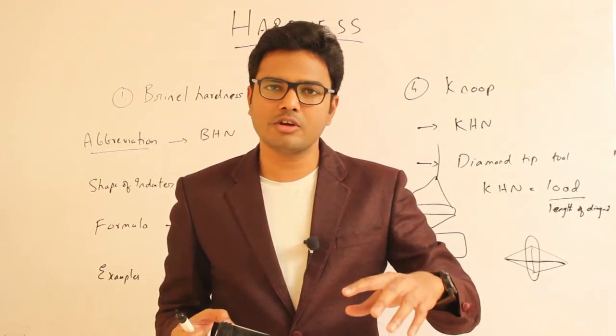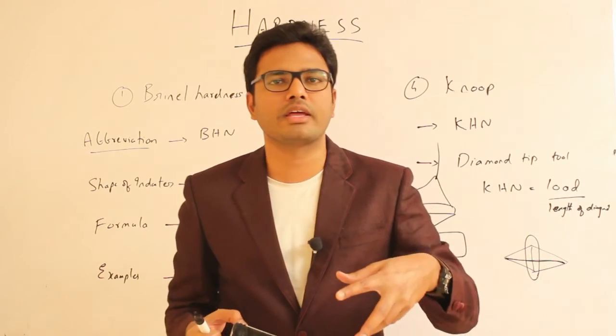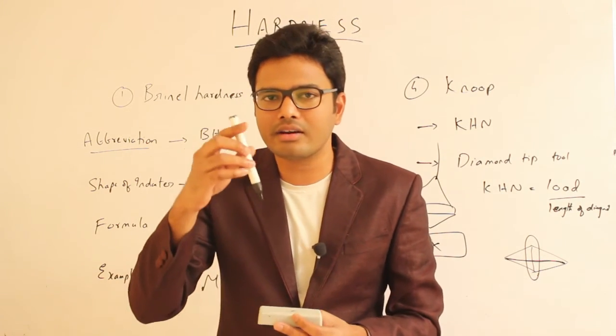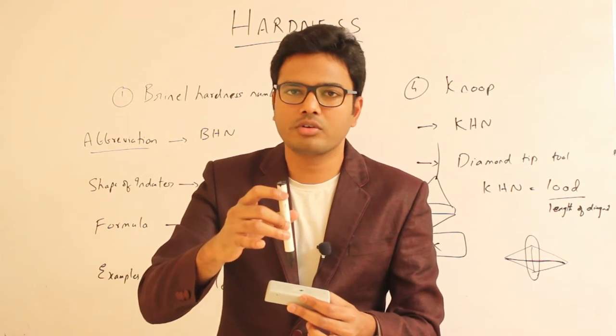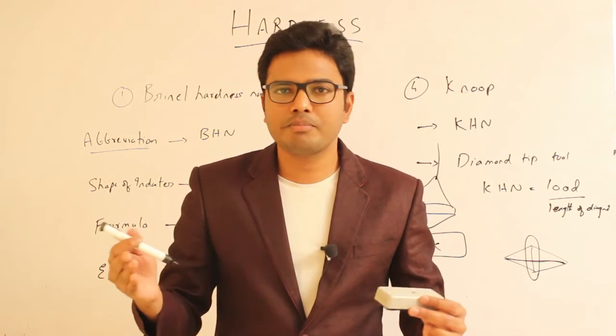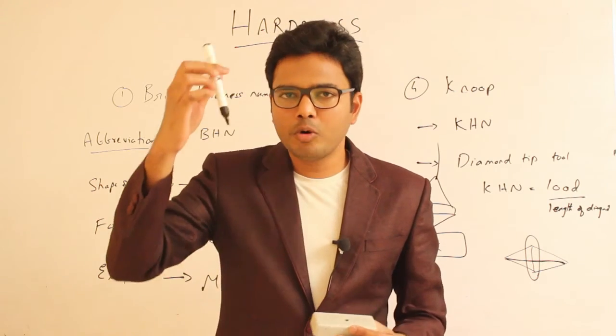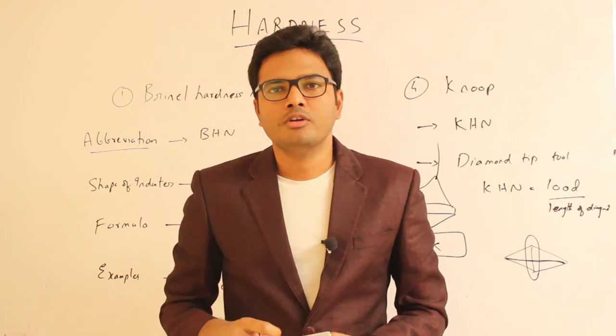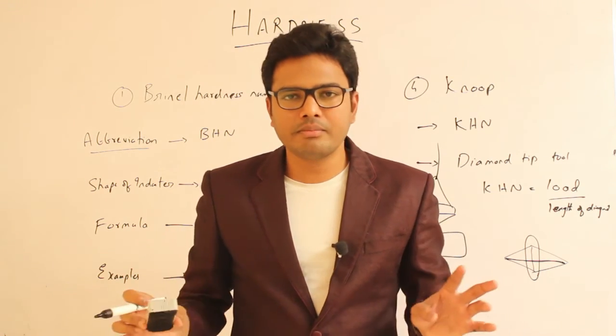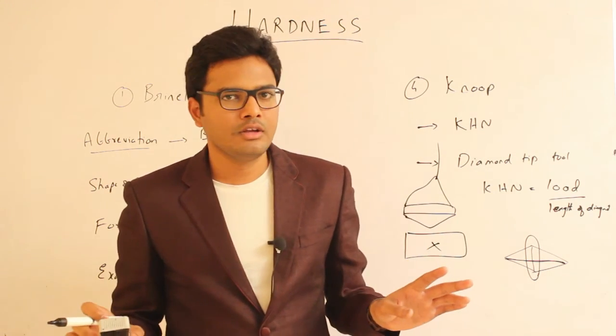Both these tests employ the same principle of working, that is a spring loaded indenter is pressed onto the material which we are going to test, and the calculation is also the same, that is the amount of load which you are applying is divided by the area of indentation.